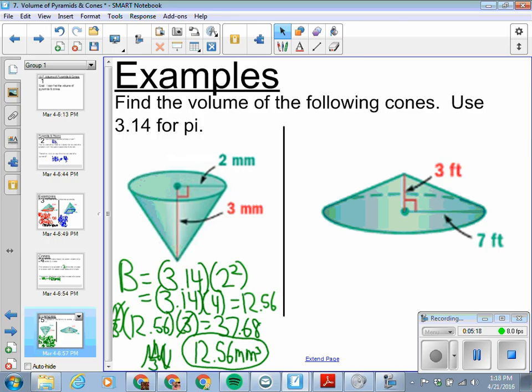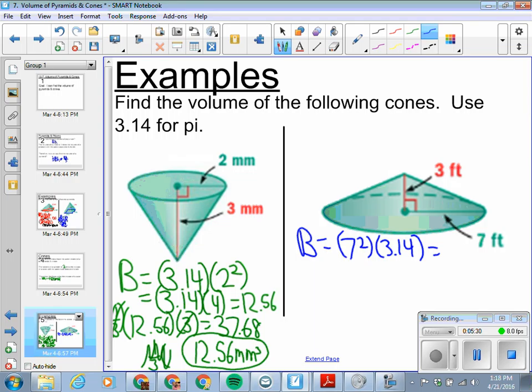This cone. Let's go ahead and find the area of our base. So our radius is 7, so we have 7 squared times pi, which is 49 times pi. And 49 times pi equals 153.86.